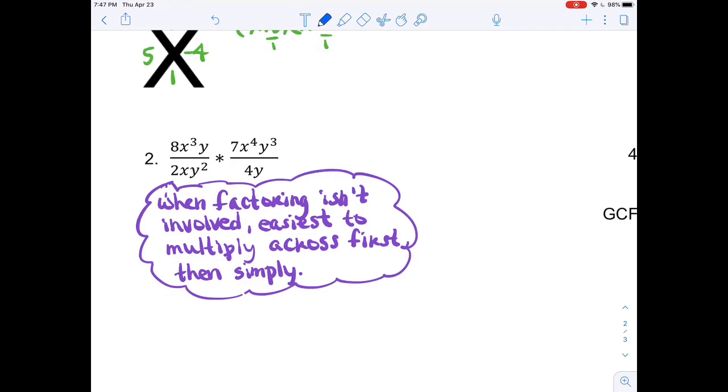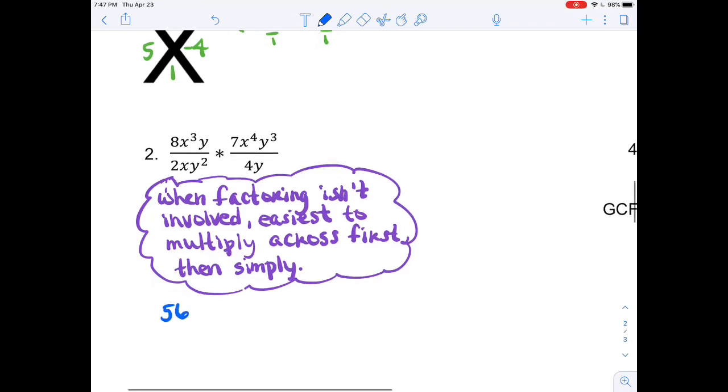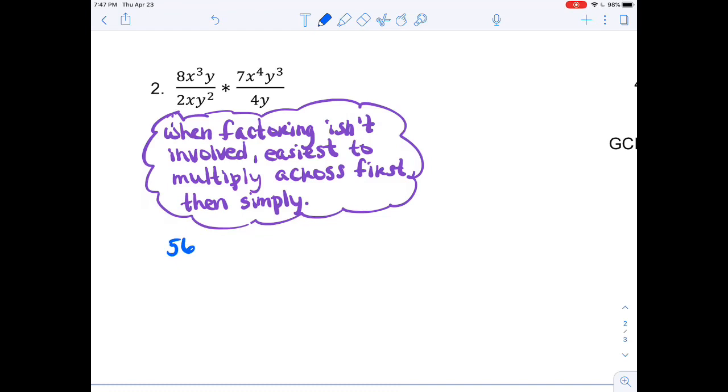If I multiply 8 times 7, I'm going to get 56. And then if I take my x's and multiply those together, I have an x to the third and an x to the fourth. Remember that our exponents of 3 and 4 will add. So 3 and 4 is 7.